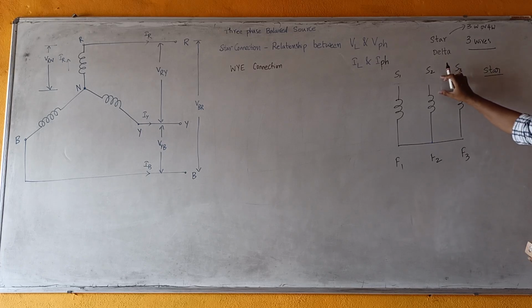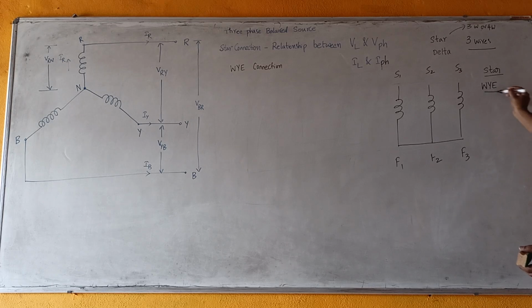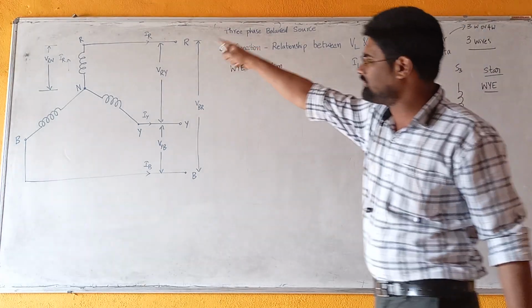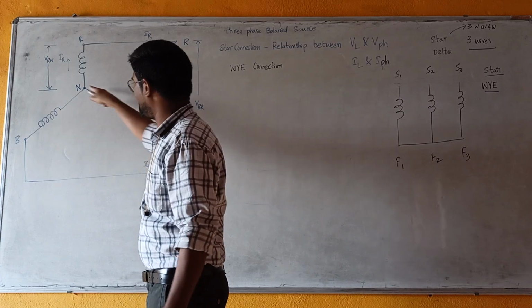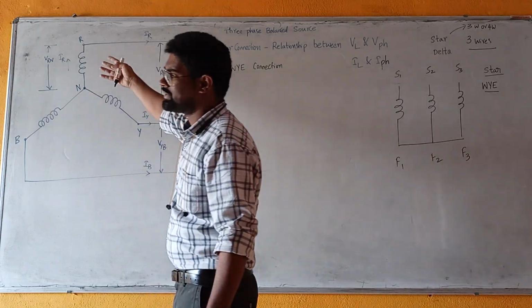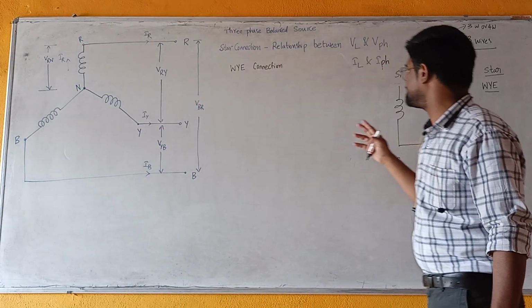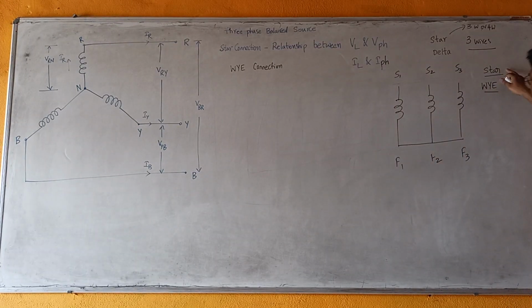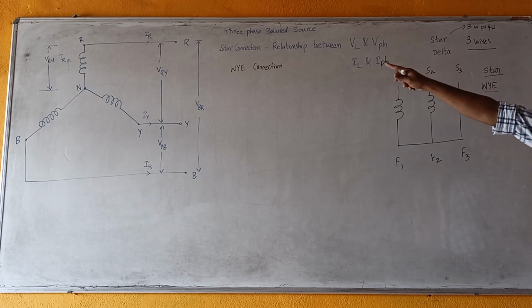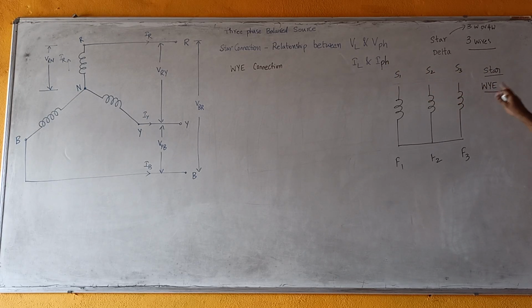If you consider a three-phase system, we use a Y connection, because the three coils can be arranged in the shape of an inverted Y, or we can reverse it. So the three coils can be arranged in the shape of Y or reverse Y. The star connection in a three-phase system is named star connection or Y connection.